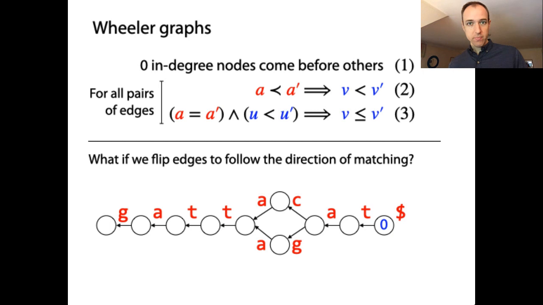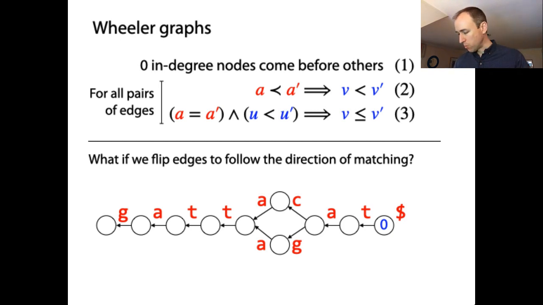I say we're following the direction of the matching because just like with the FM index, we're matching longer and longer suffixes of our pattern. So in this example, we're sort of moving right to left. So I've just switched the edges to point in the right to left direction, and now we do have a Wheeler graph.